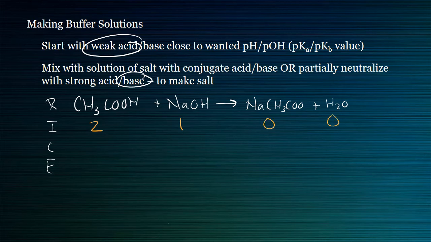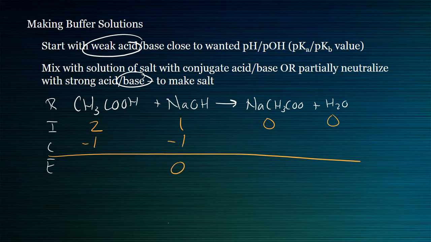Initially, we have 2 times the amount of our weak acid than we do our strong base. That way, in order to cancel out that base, so to avoid the effect of having that strong base in our buffer solution, we need to make sure that we still have our weak acid.